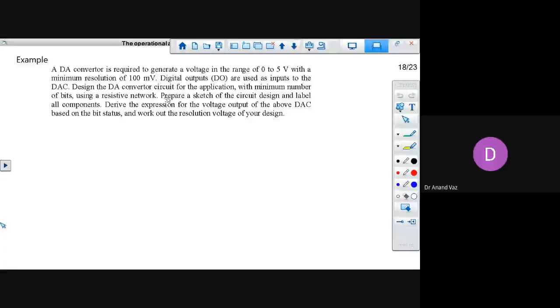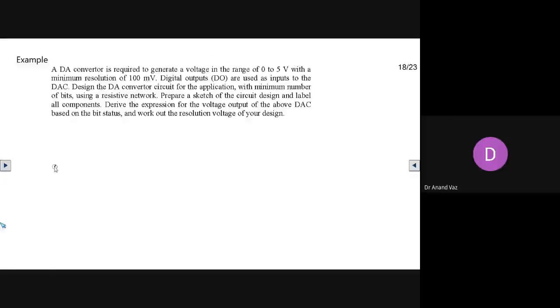Now, this is a very simple example, but it is meant to get you a feel of the digital to analog converter. Here you have the digital to analog converter, and you're going from 0 volts to 5 volts.